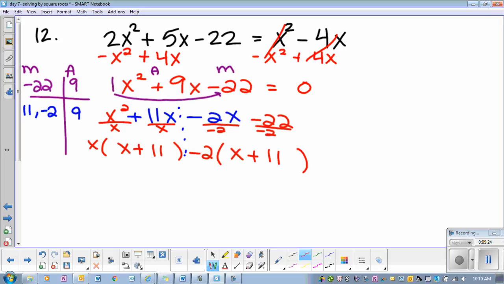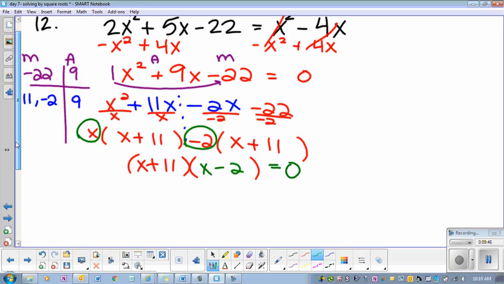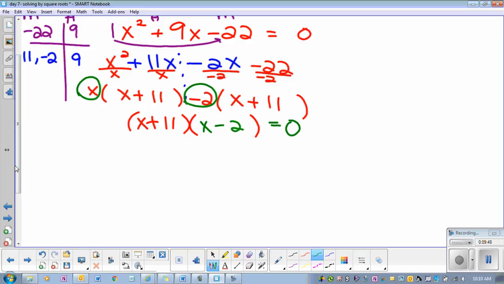I know I'm doing this right because my parentheses match. So double parentheses, x plus 11 goes in one, and these guys go in the other one, right? Did I have a GCF in the beginning somewhere? No? Okay, so then this whole thing is equal to 0. Now, mini equations, right? Everybody gets set equal to 0.